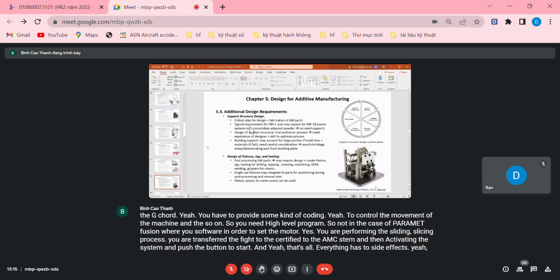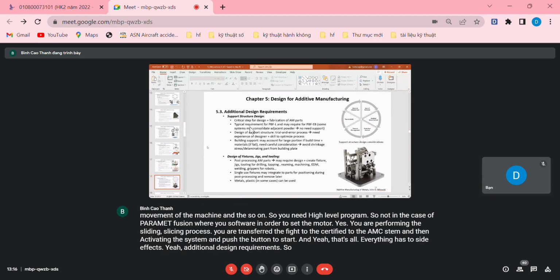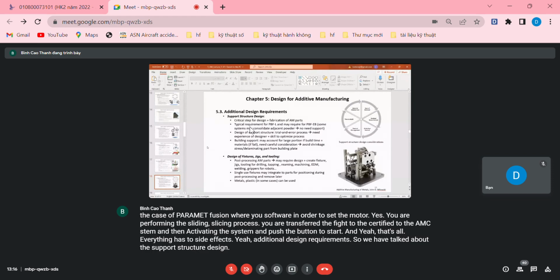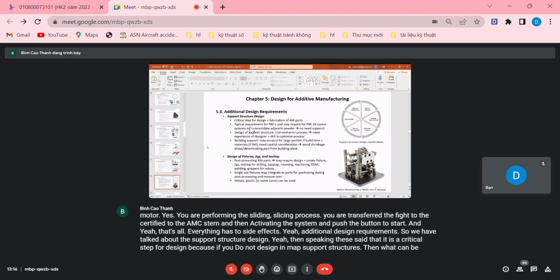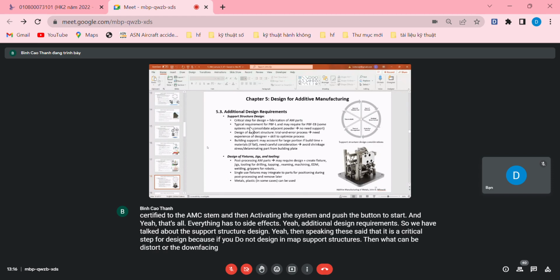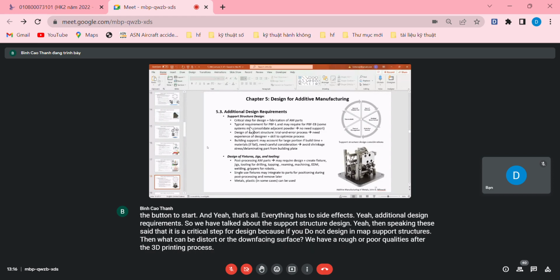So, additional design requirements. We have talked about the support structure design. Generally speaking, this is a critical step for design, because if you do not design enough support structures, then the part can be distorted or the down-facing surface will have rough or poor quality after the 3D printing process.